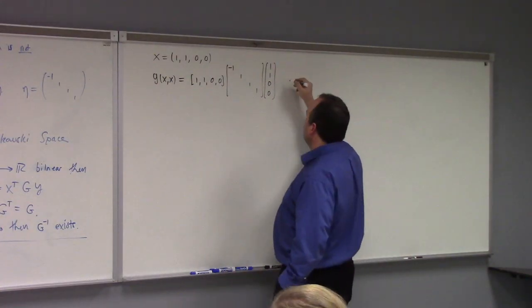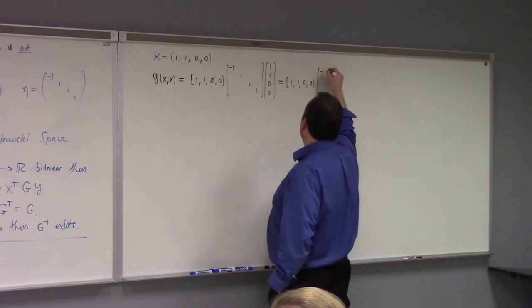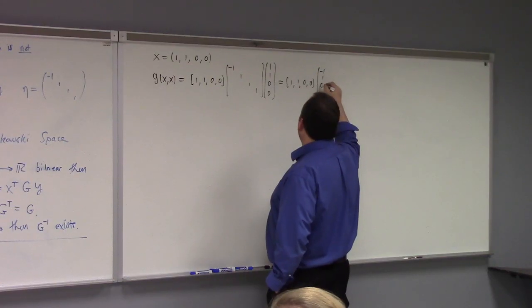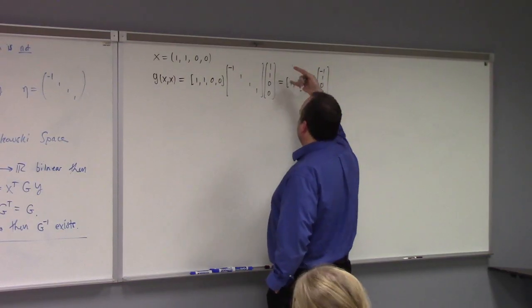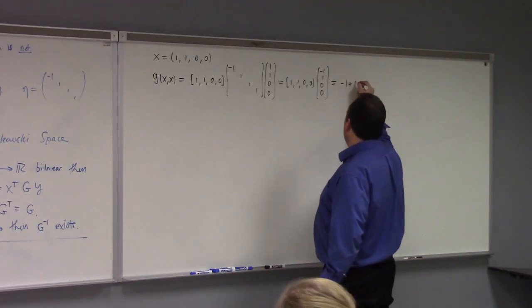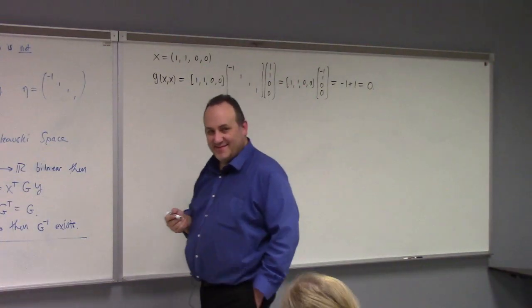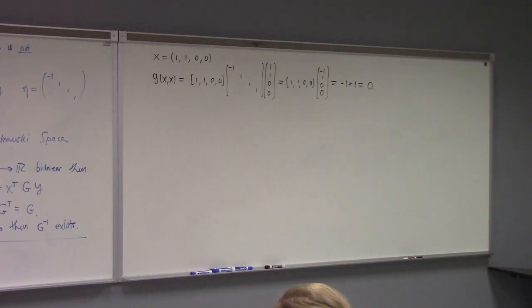What do you get? Which is minus 1 plus 1, also known as 0. So this is not an inner product. It cannot be an inner product because it violates axiom 4.